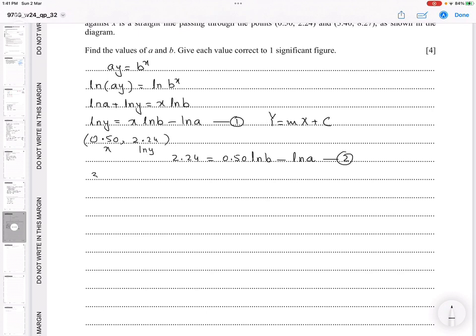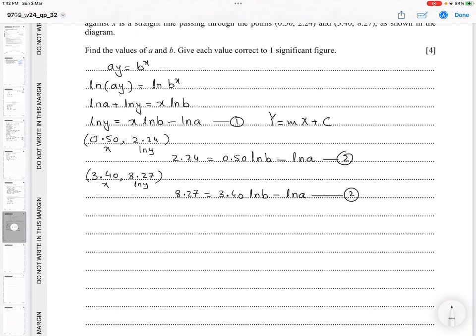Now the second coordinates are also given, 3.40, 8.27. So this is your x and this is your ln y. So you write 8.27 in ln y equals 3.40 in x ln b minus ln a. So this is your second equation.